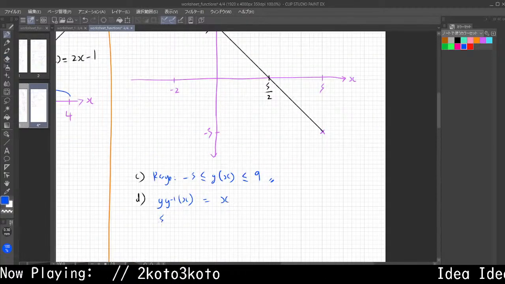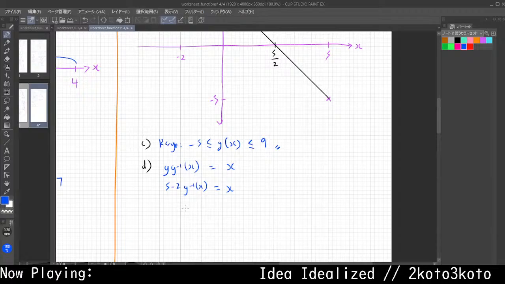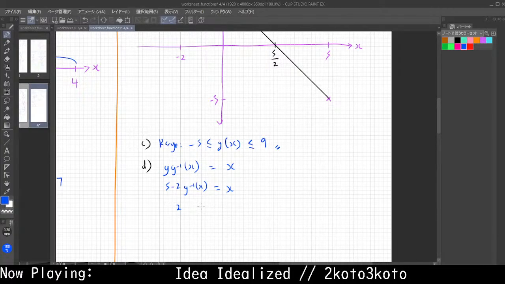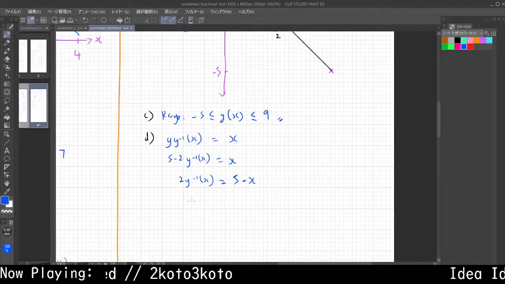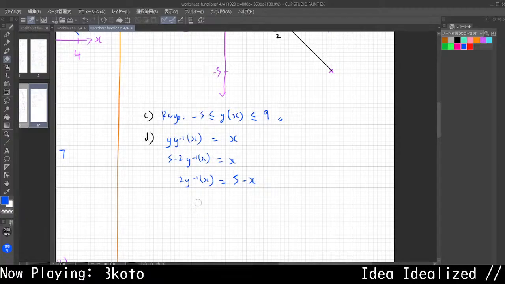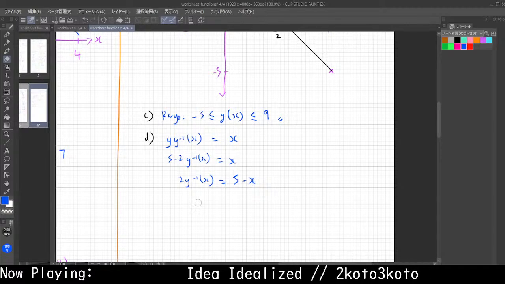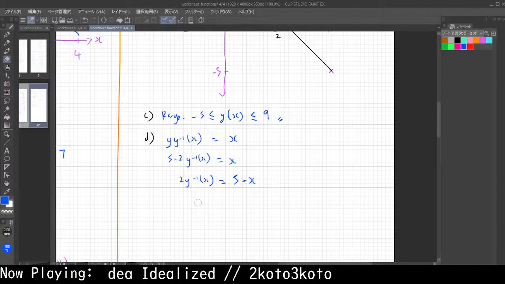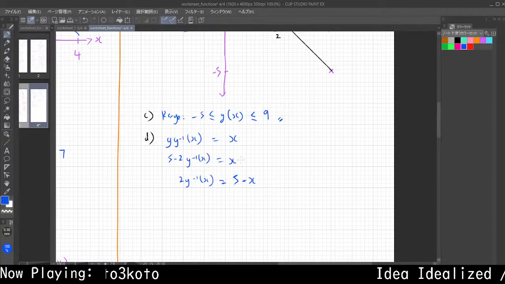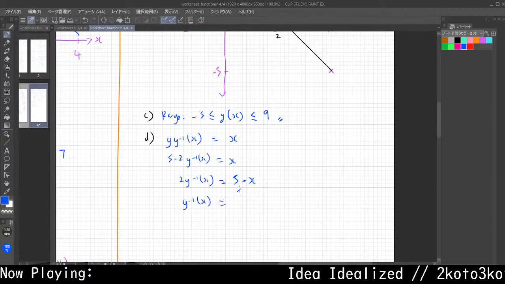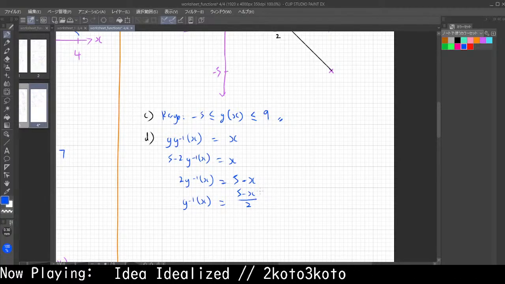Let g inverse equal x, so x equals 5 minus y over 2. Okay, g inverse is 5 minus x over 2.